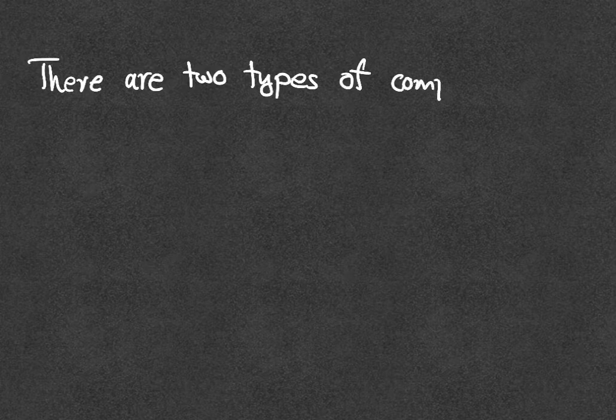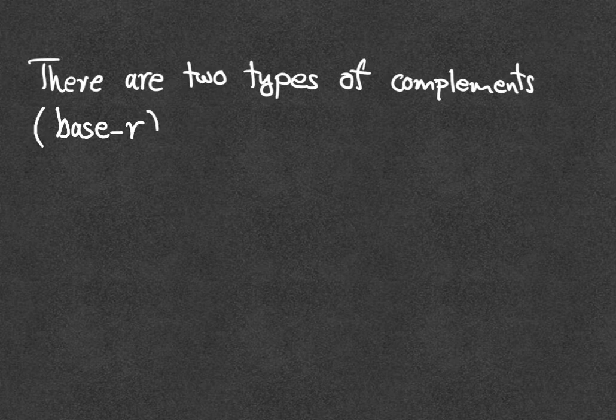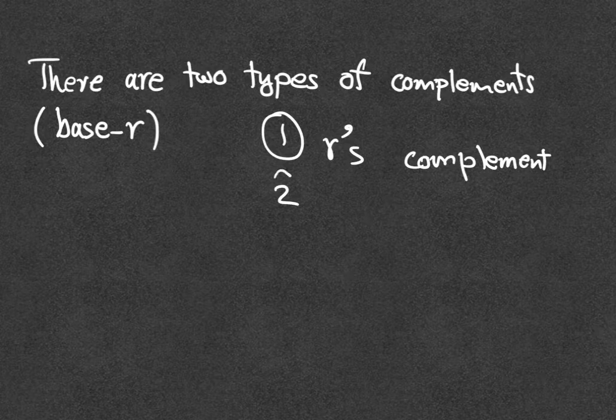There are two types of complements, okay? For each numbering system, for each base R numbering system, one is called R's complement, and the second one is R minus 1's complement.